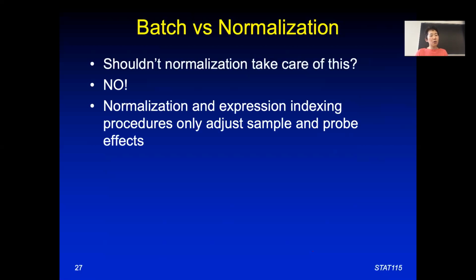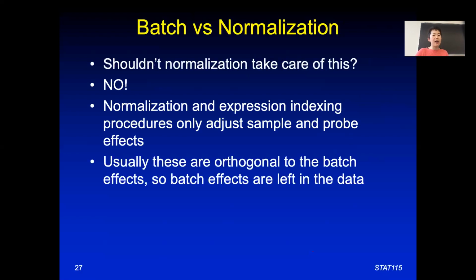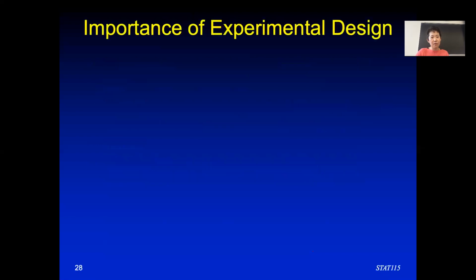In fact, normalization and expression index procedures in the RMA only adjust the sample and probe effect. They don't really adjust this type of batch effect. They are orthogonal to the batch effect. The batch effect has a big effect in your final experiment.